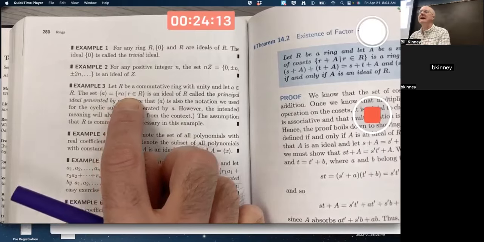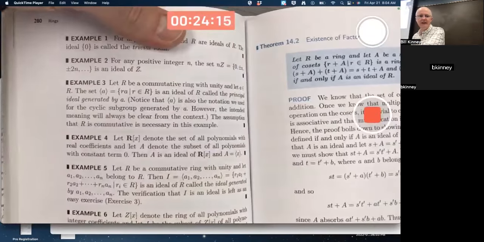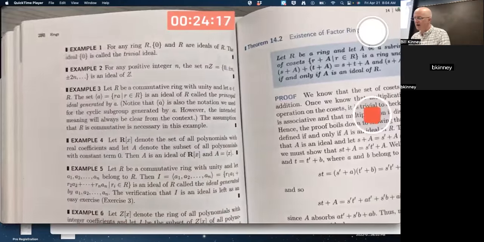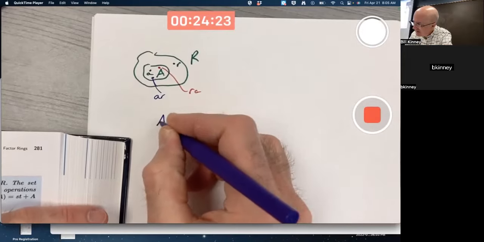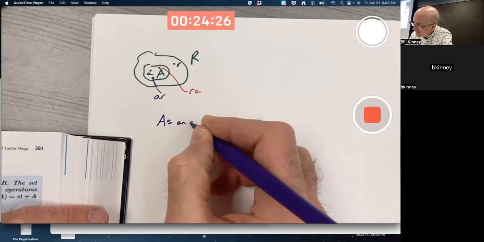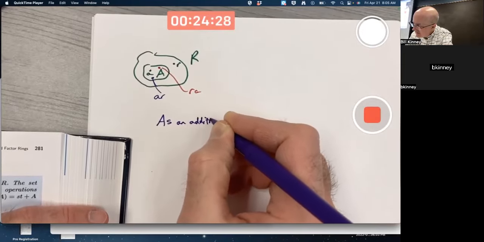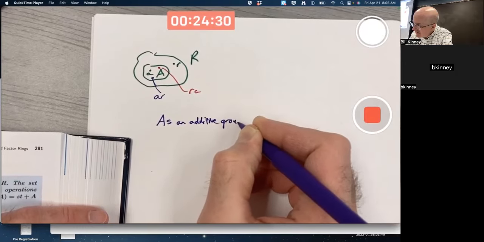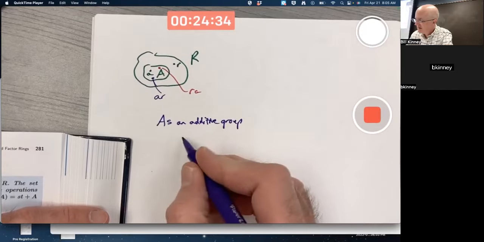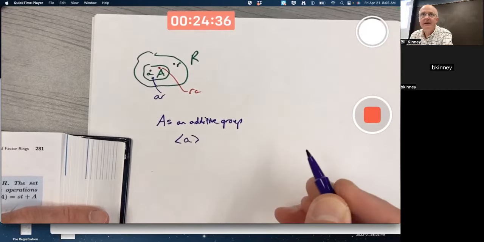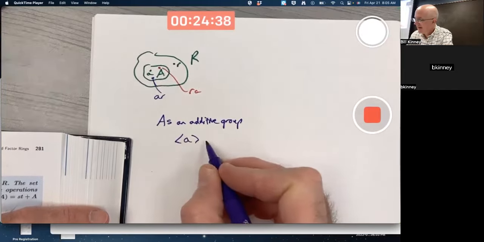If this were group theory, and we were focused on R as an additive group, if we sort of ignored the multiplication, this would be the cyclic subgroup generated by a.